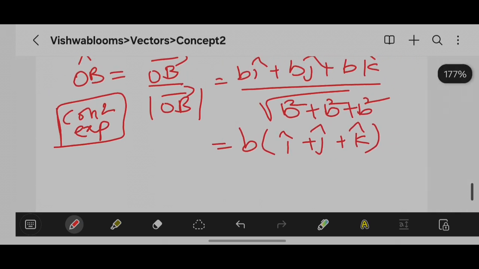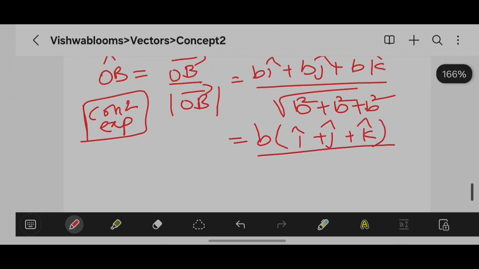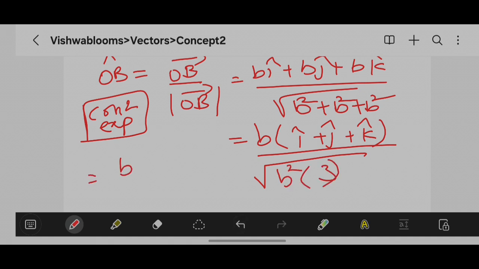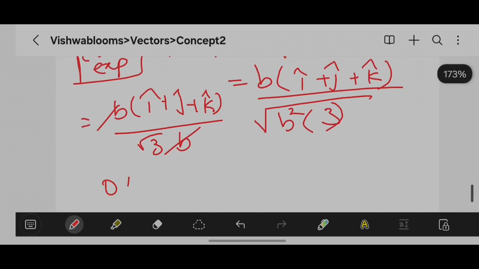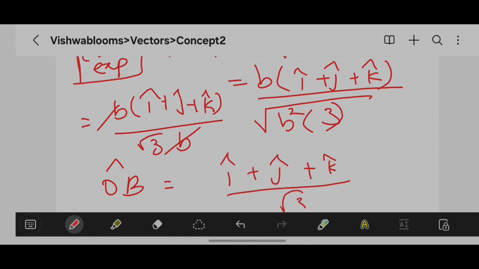In the root, take out b square common, 1 plus 1 plus 1 is 3. That is b into i cap plus j cap plus k cap by root 3 b. The b's cancel. So the final unit vector is i cap plus j cap plus k cap by root 3, which is option D.